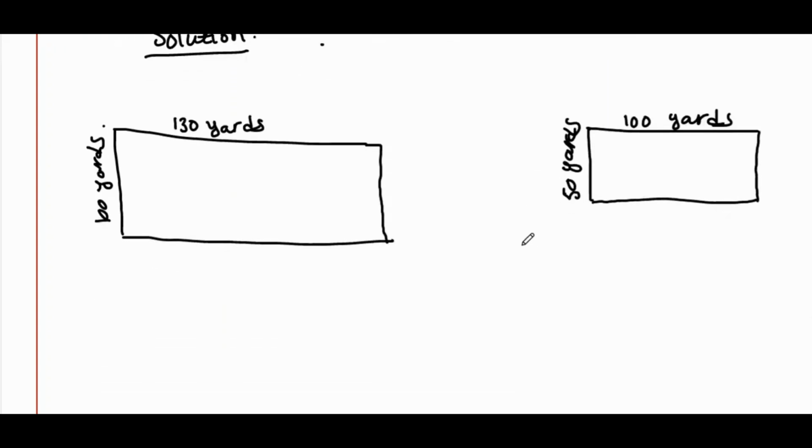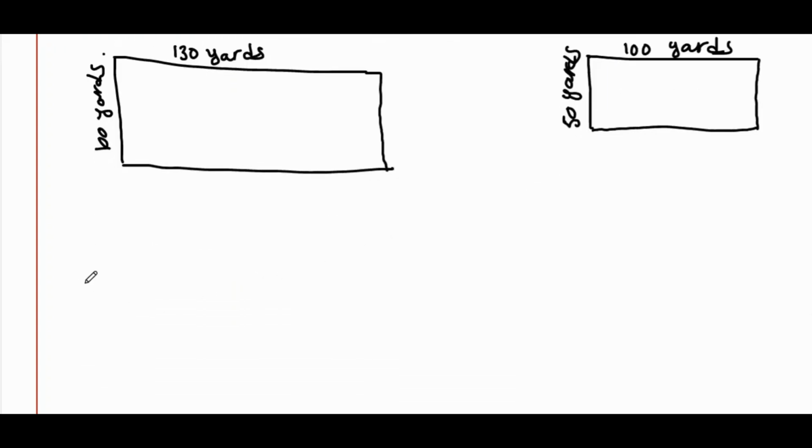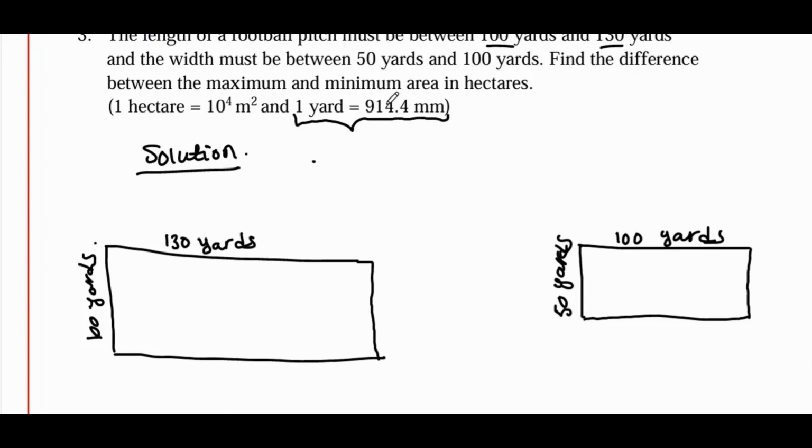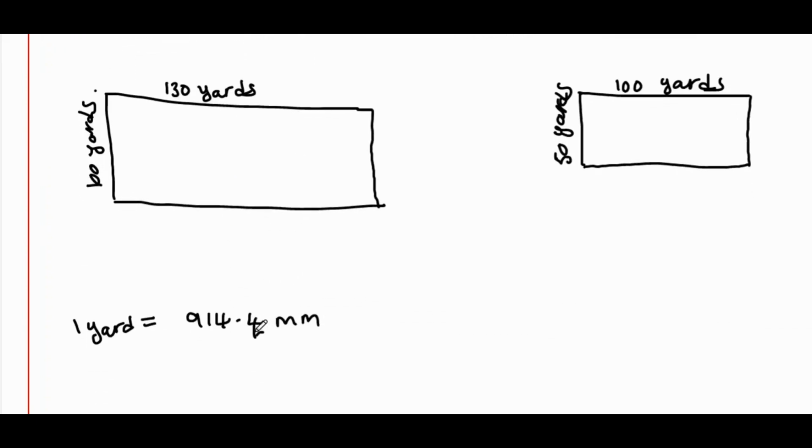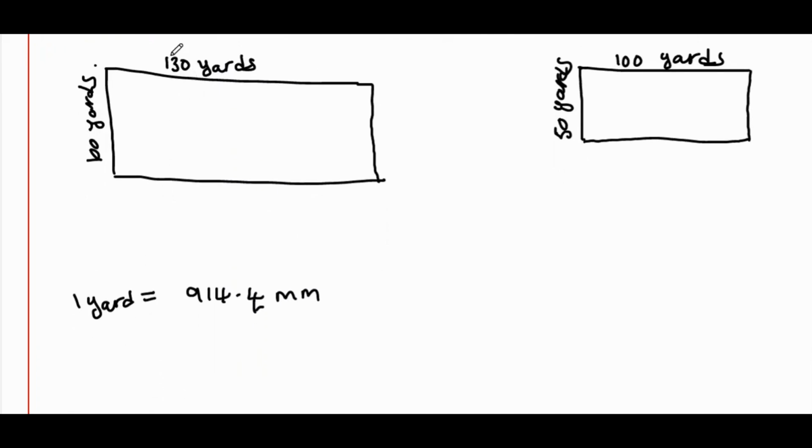If 1 yard is equivalent to 914.4 millimeters, what about 100 yards or 130 yards? Let's start with this side length of the larger pitch. 130 yards are equivalent to how many millimeters?